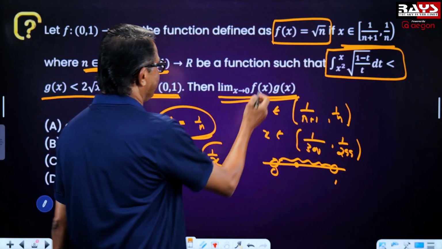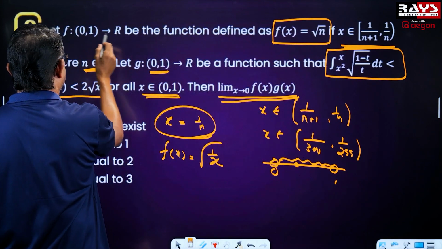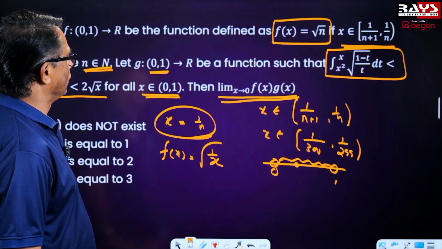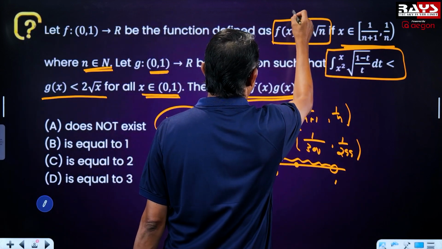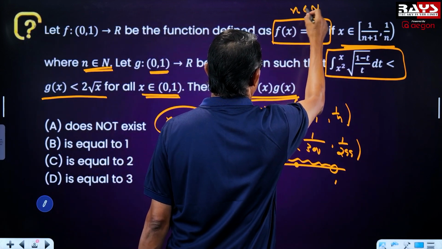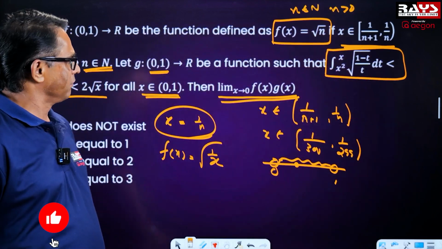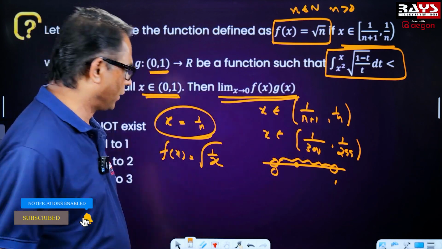So f is a function from 0, 1 to R, and f of x is equal to root of n, where n is a natural number, so n is obviously greater than 0. So we can, without loss of generality, say that f of x is a positive quantity.